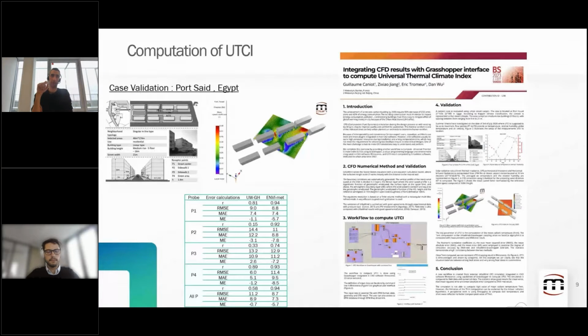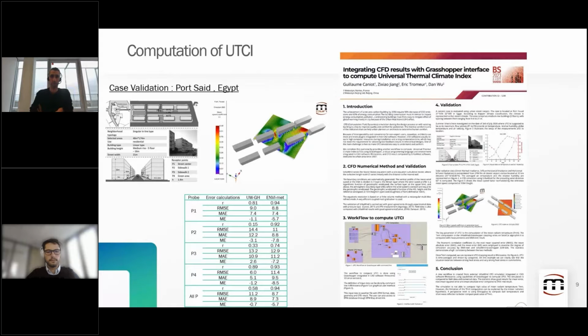It records all the variables I mentioned earlier, and I compared the outputs of UrbaWind Grasshopper to what is done with ENVI-met, the other reference regarding thermal comfort.